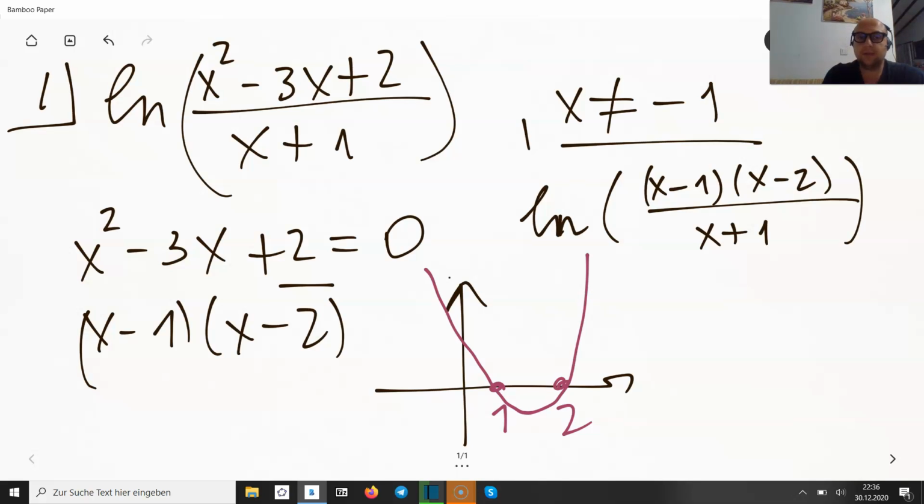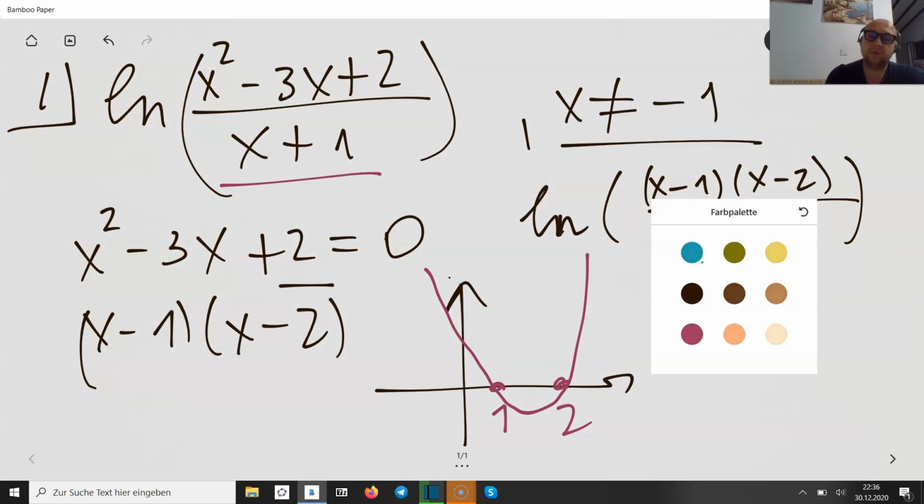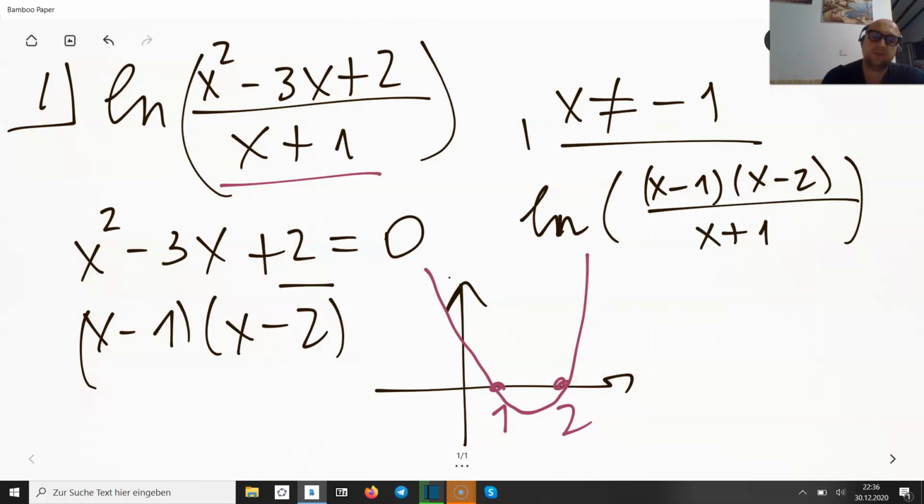And the denominator is x plus 1, which is such a function. I should even draw it a little lower, because that's supposed to be 2, as you can see. So something like this. All right.